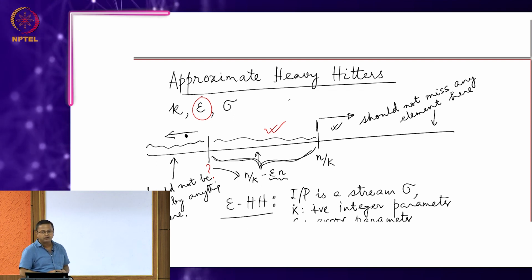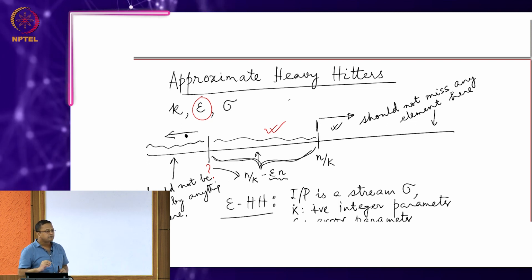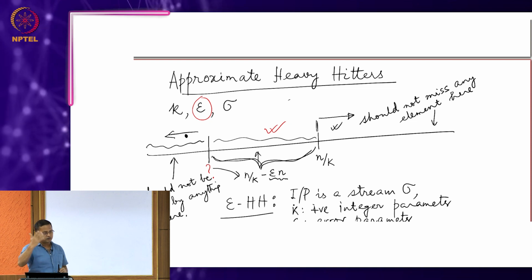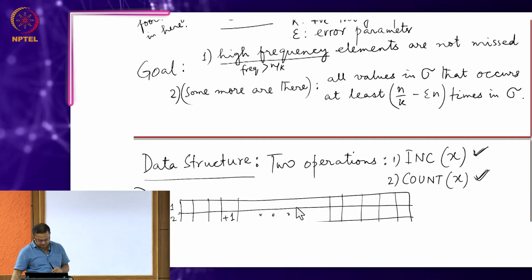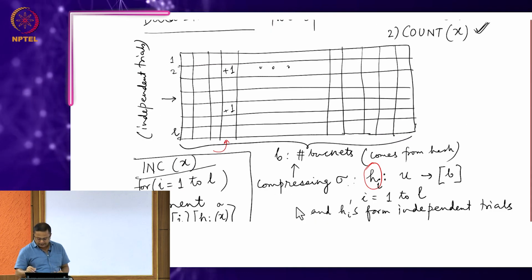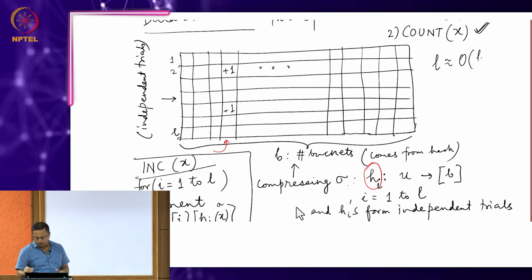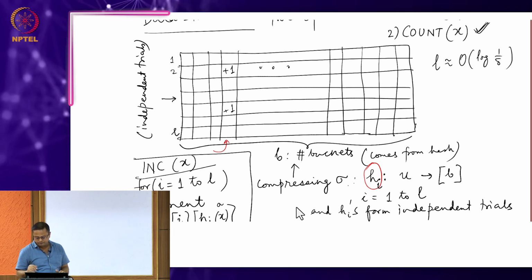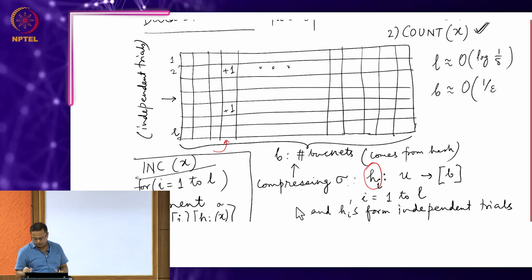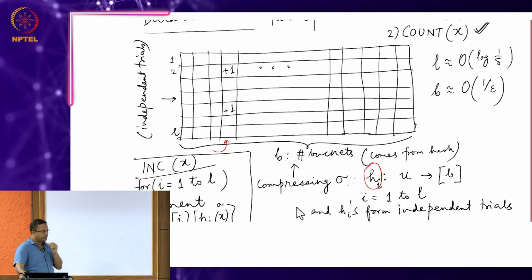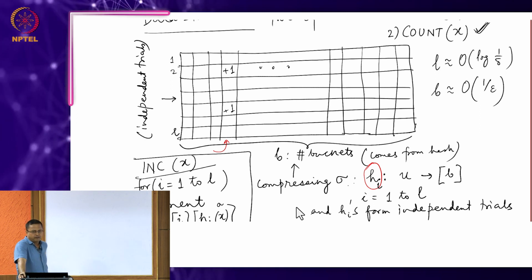So, that was the trick in the choice of B. So, that is 1 by epsilon, and an analysis which I will not get into is the analysis of the error, which would actually give you the fact that L would be roughly order of log of 1 by delta, and your B is 1 by epsilon. B we have seen why.